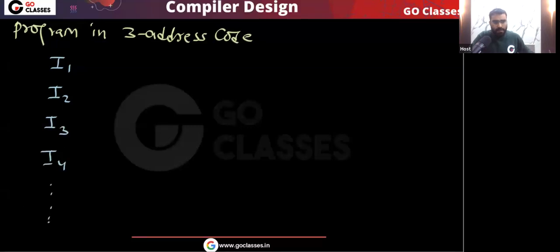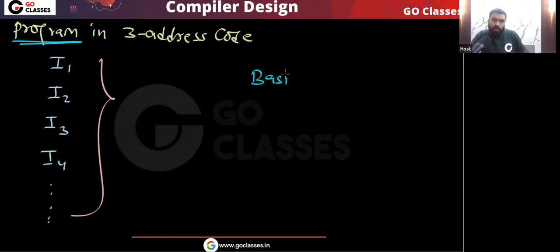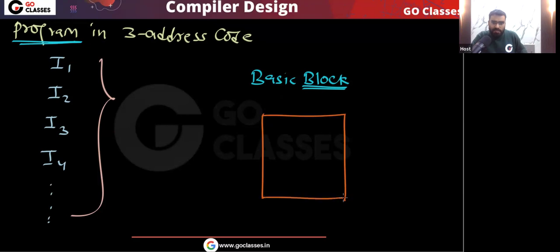Then remember what is a basic block. The name itself is telling you block. So this is basically a sequence of instructions. There will be some instructions, for example, maybe I10, I11, I12. So remember, this is a consecutive sequence of instructions.